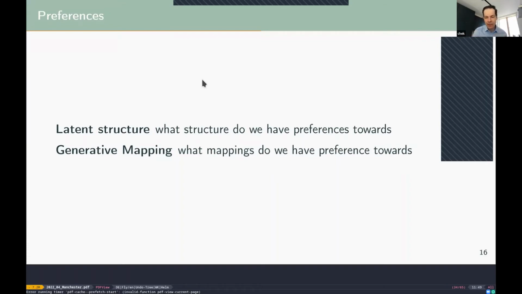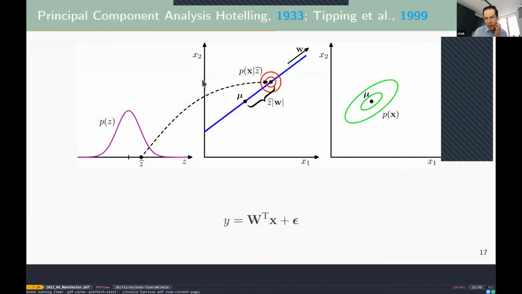And the easiest example of this is something that we all know, and that's of course principal component analysis, right? So principal component analysis is effectively the factor analysis model of Spearman. However, in this case, you make the preferences very clear, where you say my latent structure is Gaussian and my mapping from this Gaussian latent space is linear, and that leads to PCA.